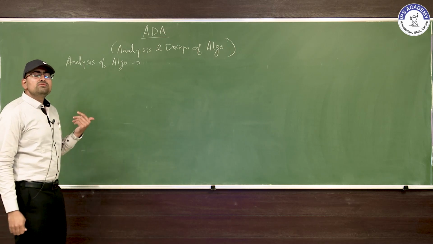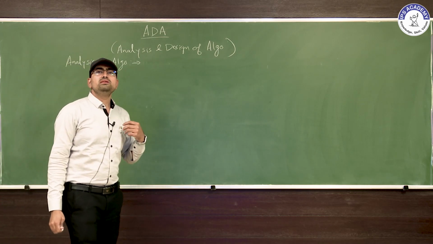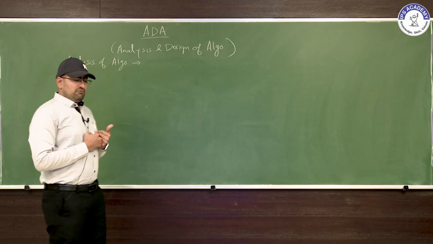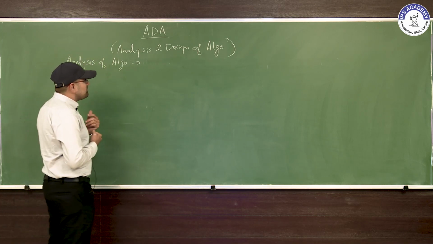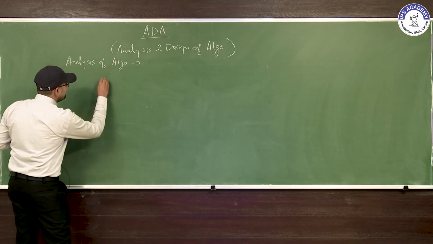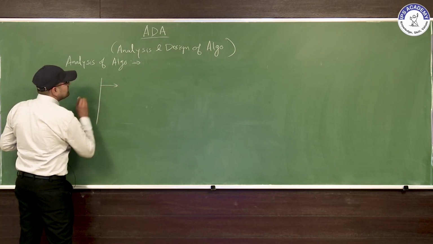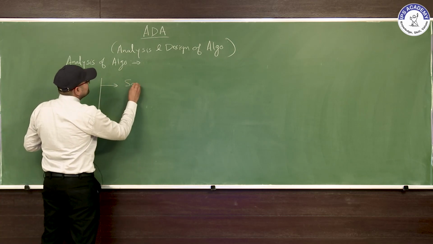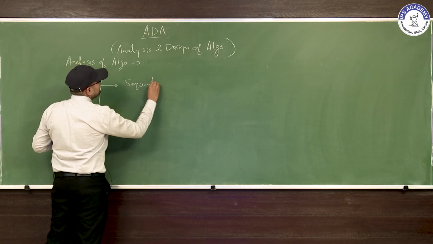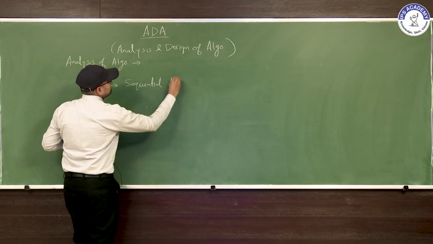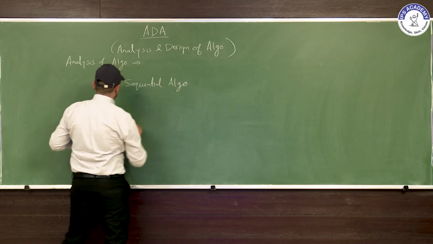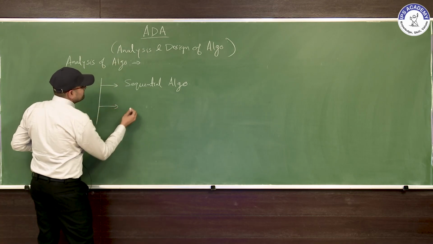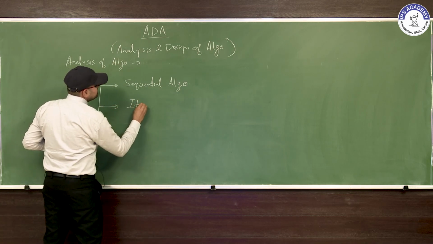Now the analysis of the algorithm actually depends on the category of the algorithm. If we talk about the categories of algorithm, then broadly we can classify it into three categories. First one is sequential algorithm. Second one is iterative algorithm.